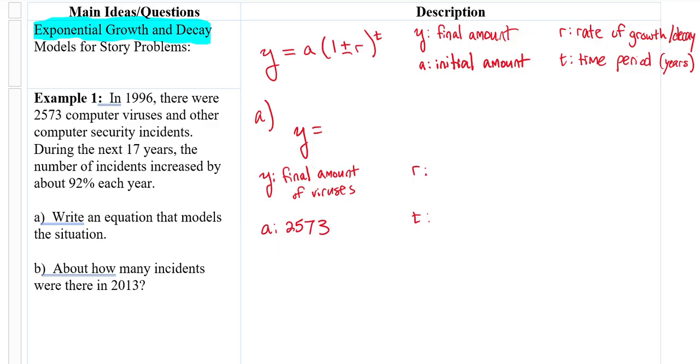R is the rate of growth or decay. So something to keep an eye on for R, whatever your percentage is in your example or your word problem, that is going to be your rate of growth or decay. So I just highlighted that 92%. Now the way we write R is very important. You must write R as a decimal.